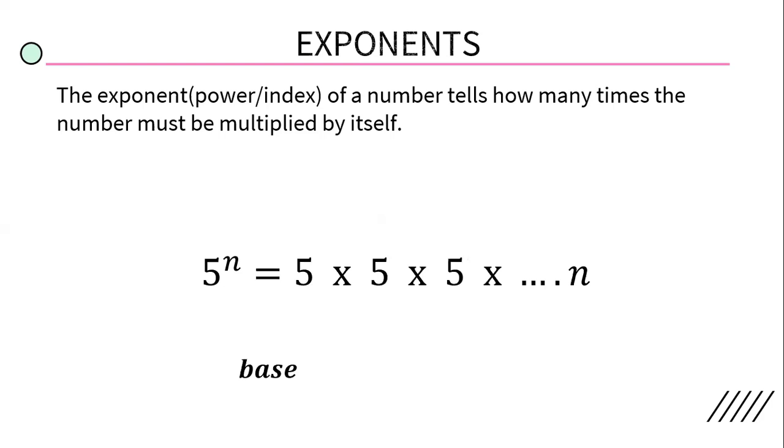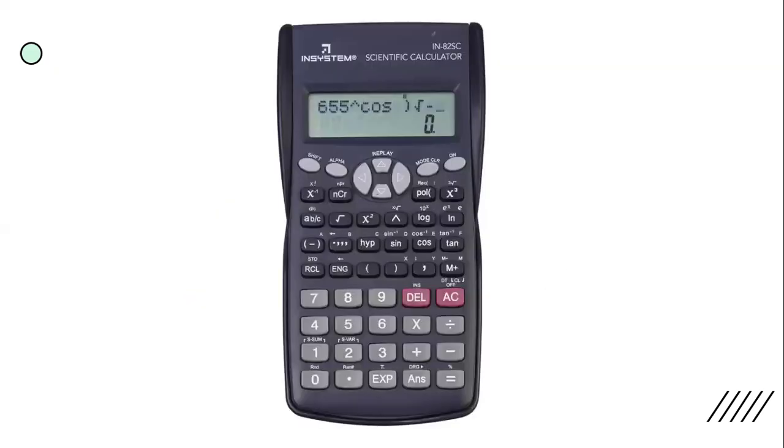5 is our base, and n is our exponent. We use the calculator in order to find those large numbers, especially when we're dealing with large powers, as well as our roots.